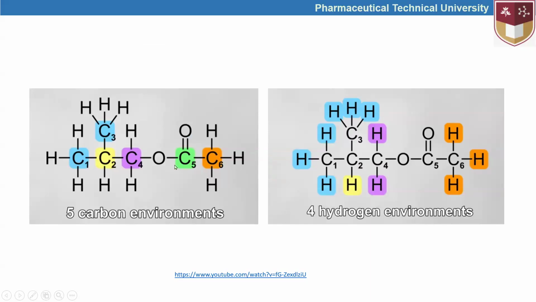And if we compare the same molecule according to carbon environment, here we can see 5 different carbon environments. The total number of carbons here is 6, 1, 2, 3, 4, 5, 6, but these 6 carbons belong to 5 different carbon environments. This methyl group and this methyl group are both linked to a carbon that is linked to another carbon and that holds one hydrogen. So these two methyl groups are categorized as the same class.